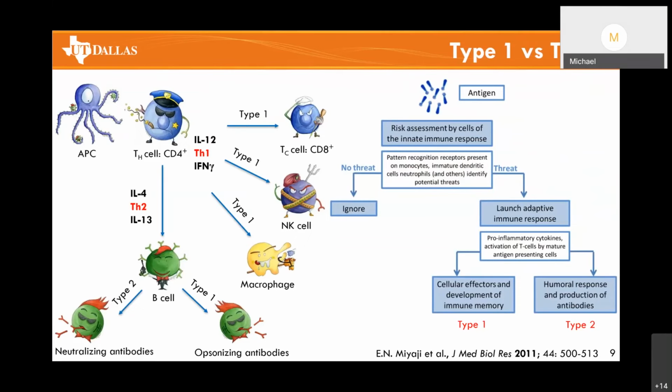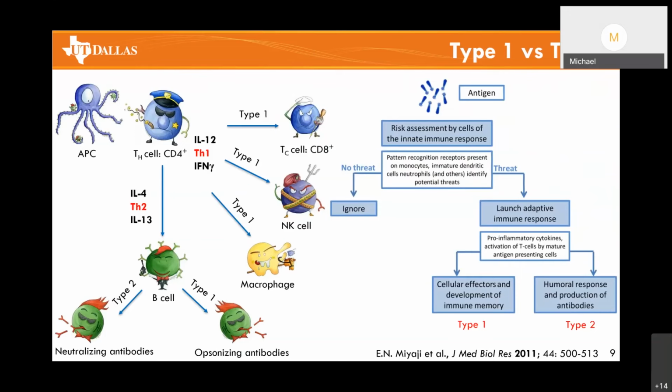Great talk. Thanks. I guess a question I had is, can you give an example of what virus or bacteria would be better for a type 1 response and what would be better for a type 2 response? So for sure, type 2 would be virus or bacteria or adjuvant. I guess I wonder, in all cases, wouldn't it be better to have either one occur?